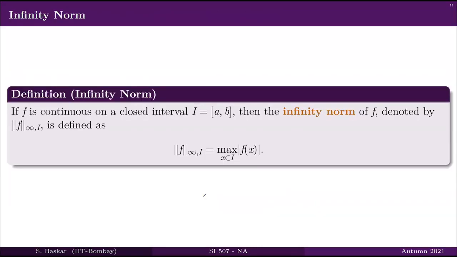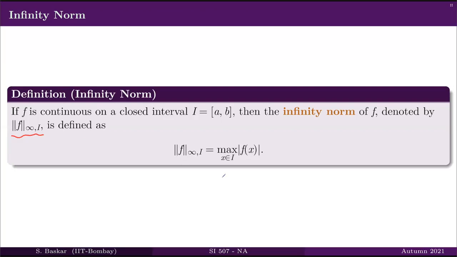Let us first define the infinite norm or maximum norm of a given function. Assume that f is continuous on a closed and bounded interval ab, then the infinite norm of f, denoted by this symbol, is defined as the maximum of all x in I of mod f of x.